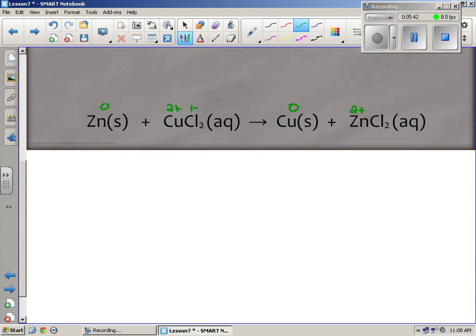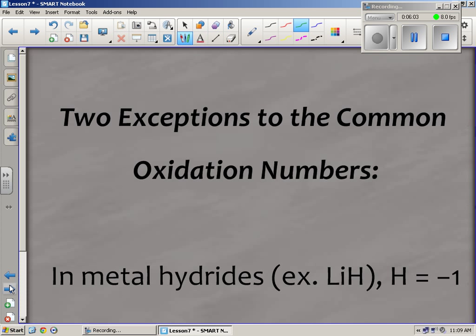Zinc 2+, 1-. Remember, it is for each atom individually, not the combination of them. That's really important, that we make sure we single out each atom. Each chloride is a 1-. And yes, I happen to have 2 of them, so 2 negative goes to 2 positive. All right? Good? Next.